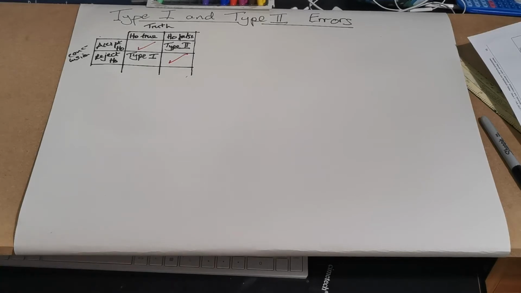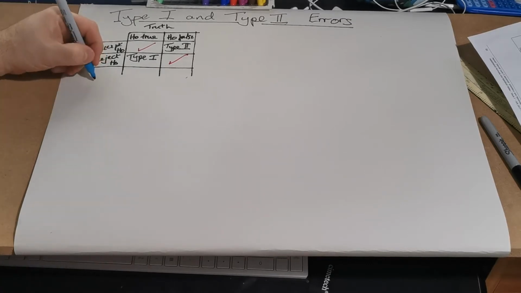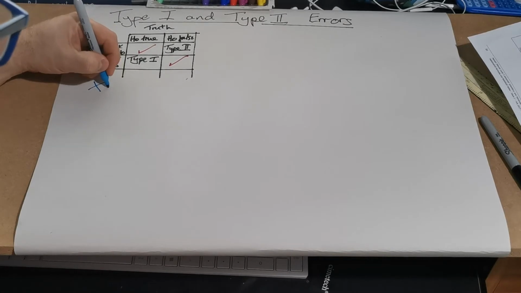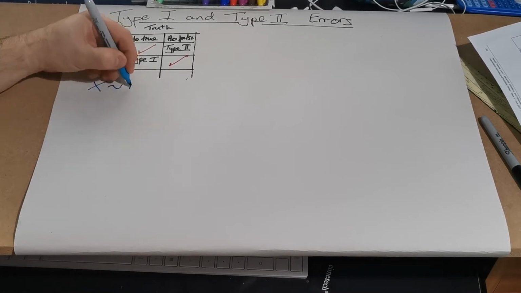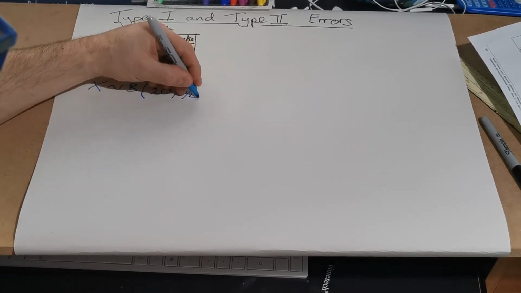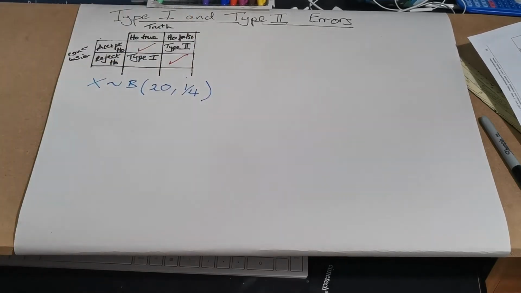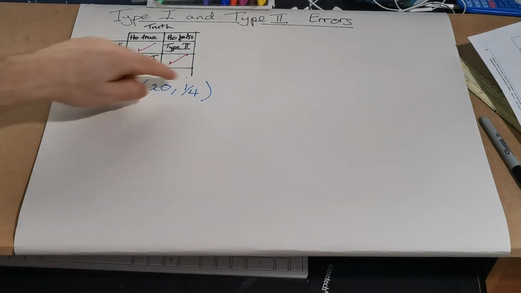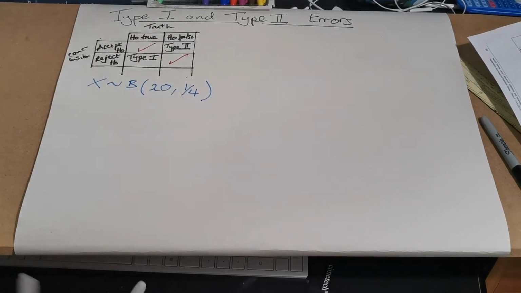So it's 20 games, and there's a probability of a quarter. So X tends to a binomial, 20 games and a quarter. Now if she's been cheating, you would expect the probability of her winning would be bigger than a quarter.